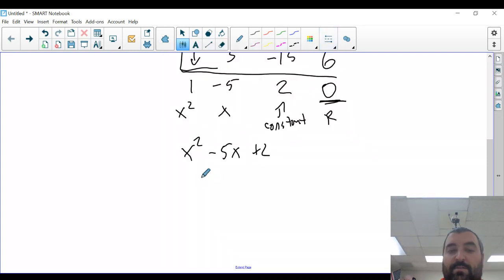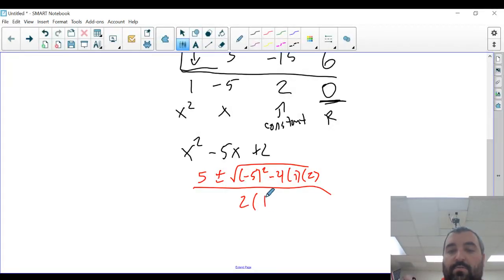So opposite of b, so -5, plus or minus the square root of b squared minus 4ac, all over 2a. And we just go ahead and simplify this.